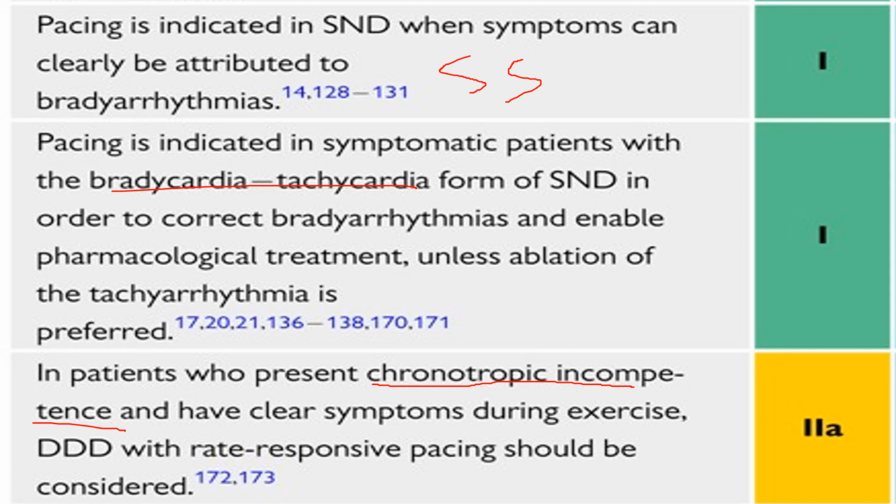Now, one last final point: whenever deciding for a permanent pacemaker in sinus node dysfunction, the mode that should be selected should be DDD. This means there should be both the atrial and the ventricular lead placed in the patient, even if he is having sinus node disease and his AV node is fine.